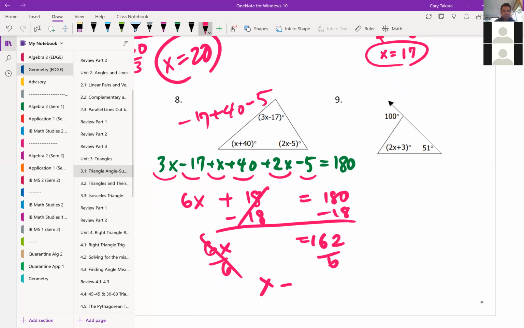Is that 27? 27. If you didn't quite get 27, are you able to identify the mistake? Was the setup correct at the beginning?